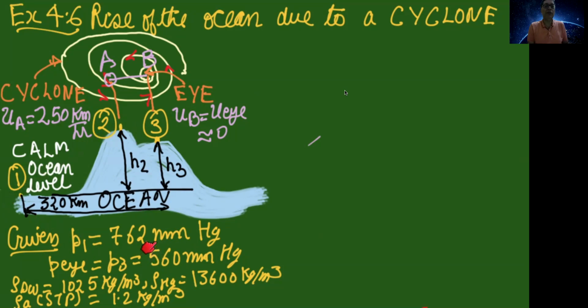If we assume that the temperature of the water in the ocean is almost uniform, then applying the ideal gas equation, P equals rho RT, density is directly proportional to pressure. So if you have a low pressure, you will have a smaller density. Using this rho A and P1, P3, we will later determine the density of air at this location.